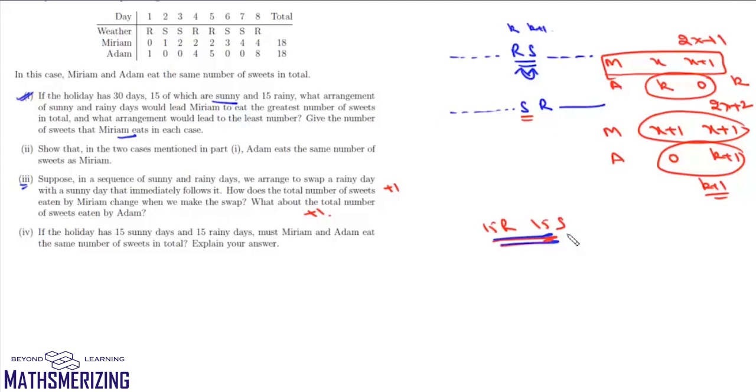So starting from the configuration where they get an equal number of sweets, if we swap any rainy and sunny day, then the total number of sweets eaten by both Miriam and Adam will change by the same amount. So whatever may be the configuration, as long as they have 15 sunny days and 15 rainy days, they'll eat the same number of sweets. And this is how we solve such questions.